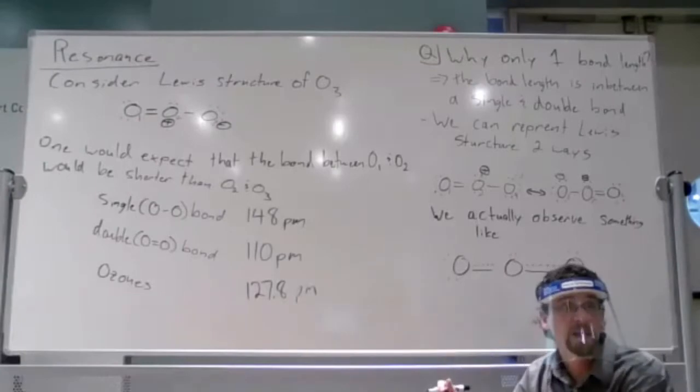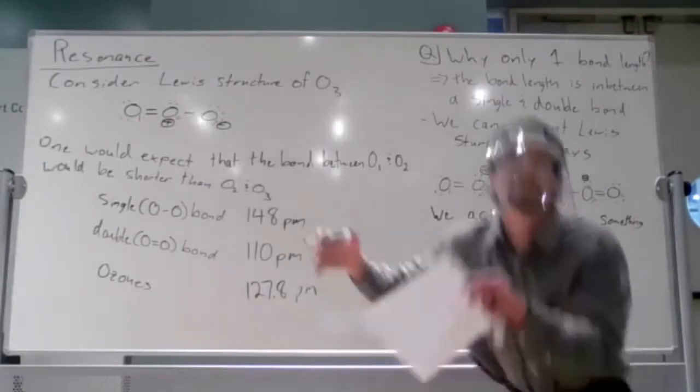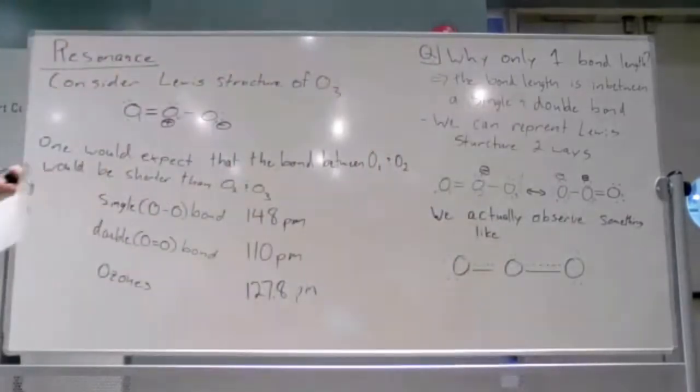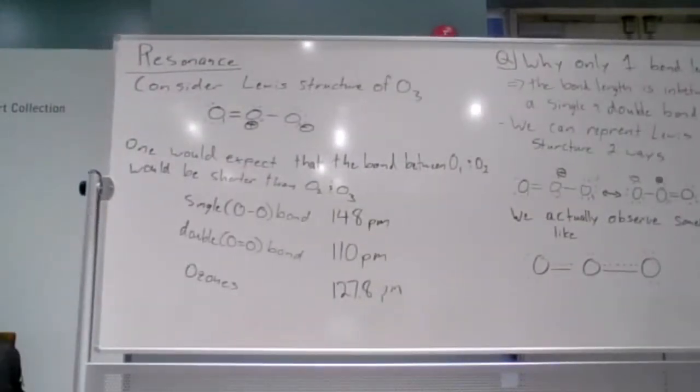And then in this case, all the bond lengths look like they should be the same, right? They're all experiencing the same amount of bonding. Can you guys see that? Better? Okay.